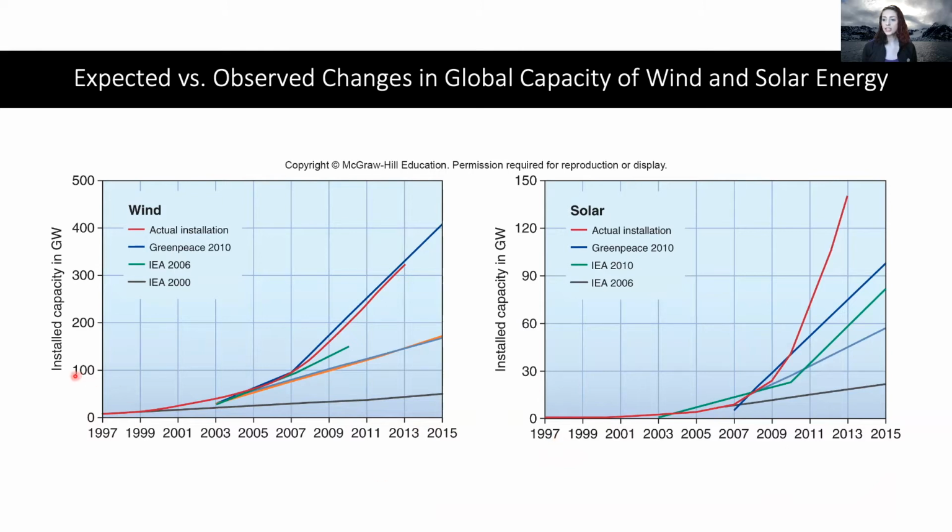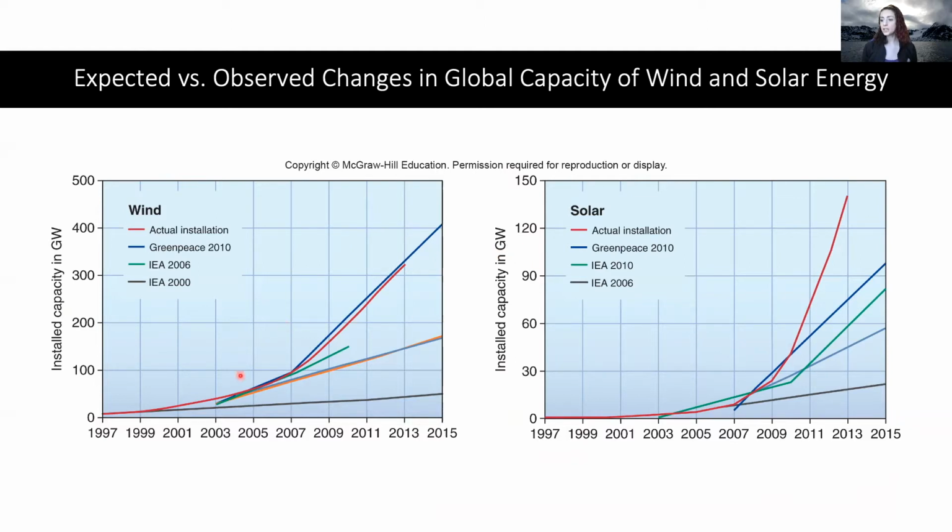And we have the installed capacity in gigawatts, both for wind, which goes up to 500 gigawatts, and for solar, which goes up to 150. Please note that these two y-axes are different from each other, meaning that the installed capacity for each of these renewable resources is different.